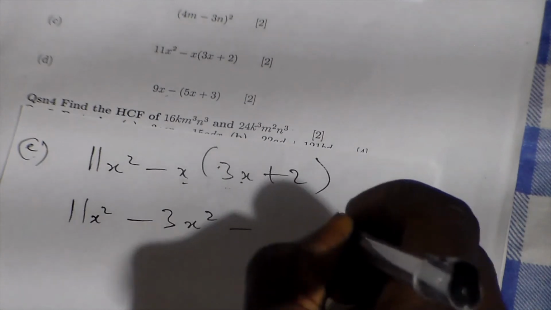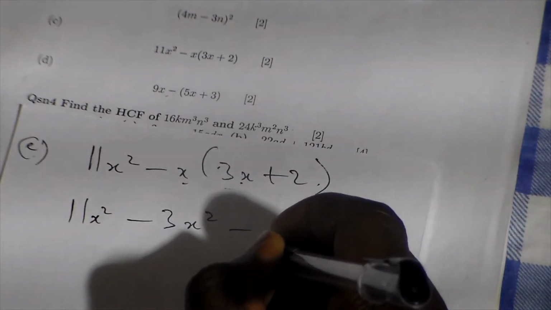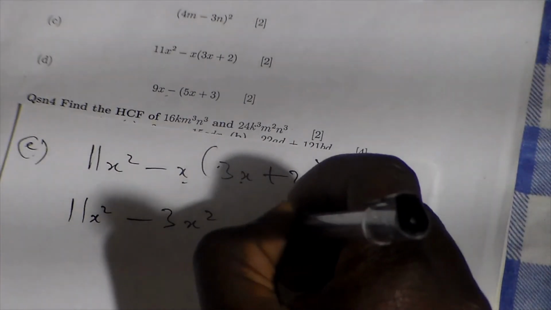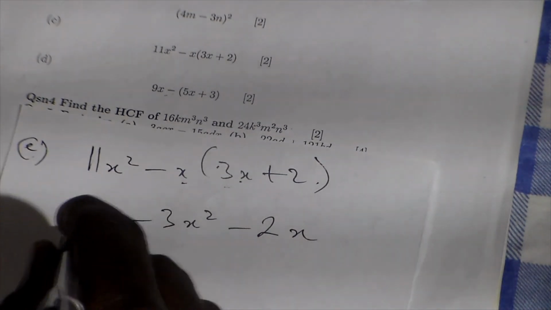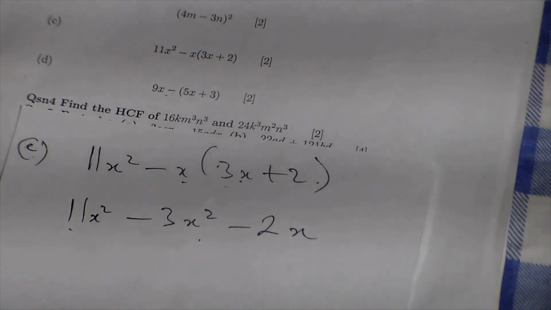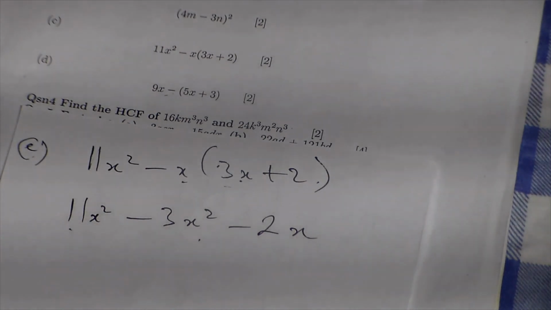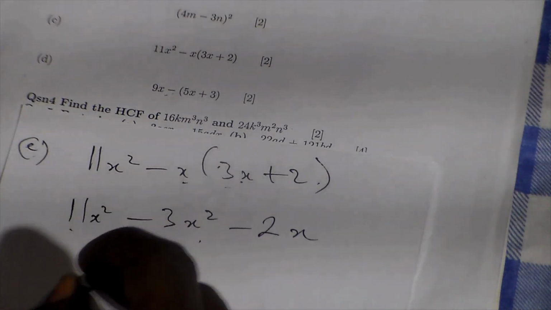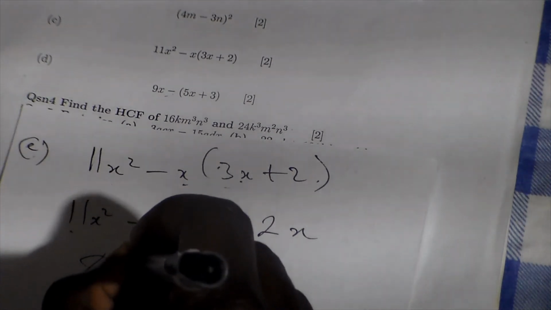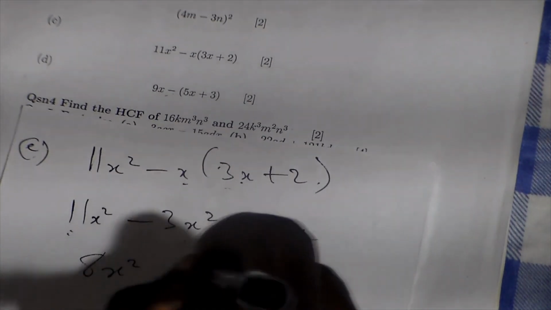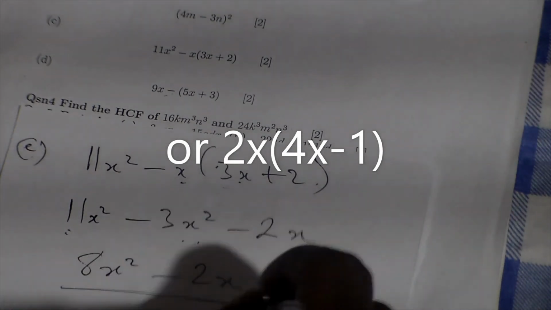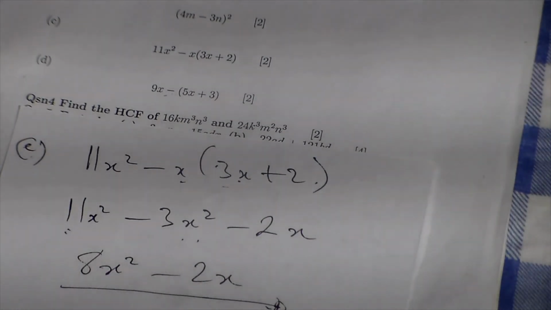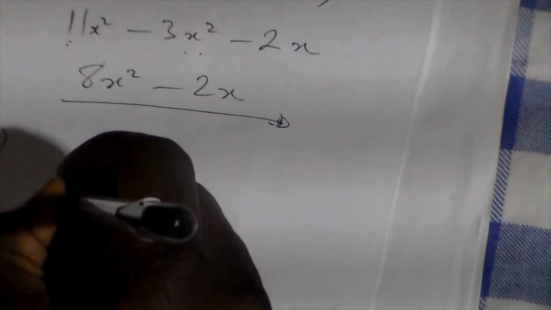Minus x times 3x, we get minus 3x squared, minus x times 2, we'll get a negative 2x. These two can add up each other because they are in the power of 2 with the variable x, so we'll get 8x squared, if you say 11 minus 3, then minus 2x. These ones cannot add each other anymore, so we'll leave our answer as that.